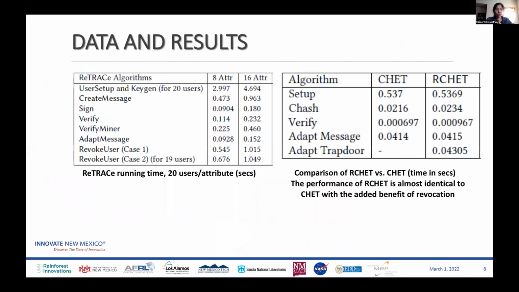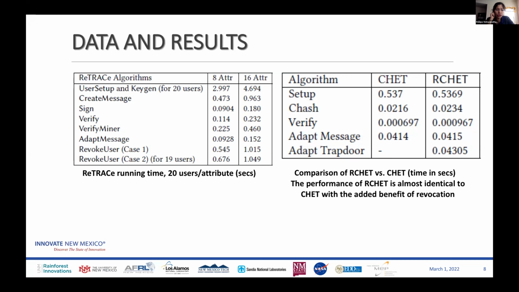This is a little bit about the results that we have. There are more results in the paper, but I'm just going to talk about two that seem interesting. The first table on the left shows us the timings in seconds for all ReTRACe operations: user setup, keygen, create message, sign, verify.